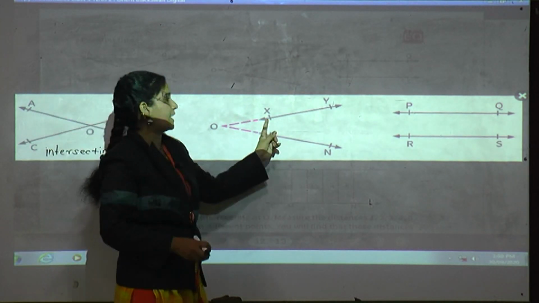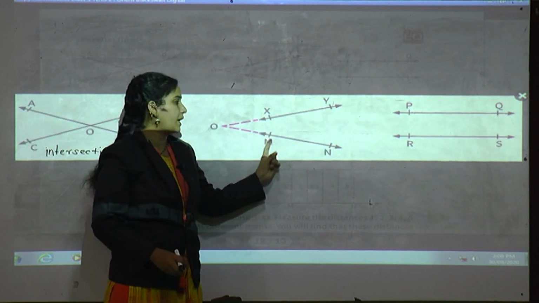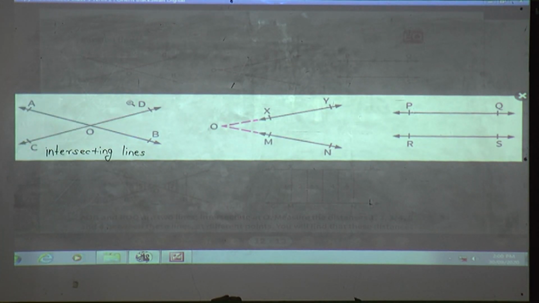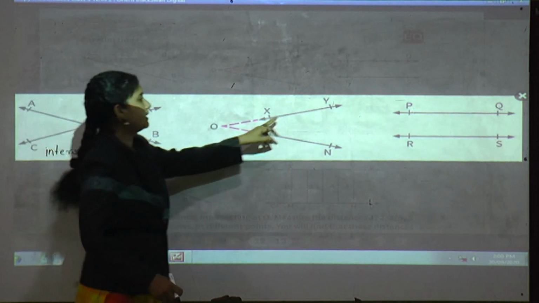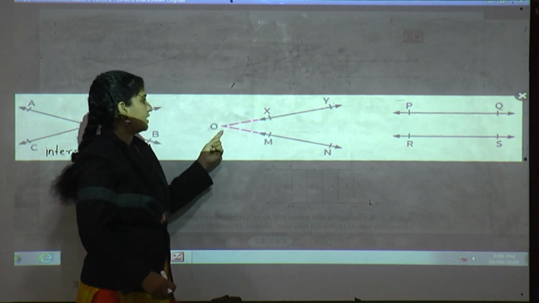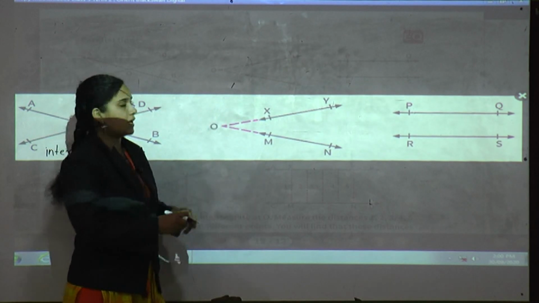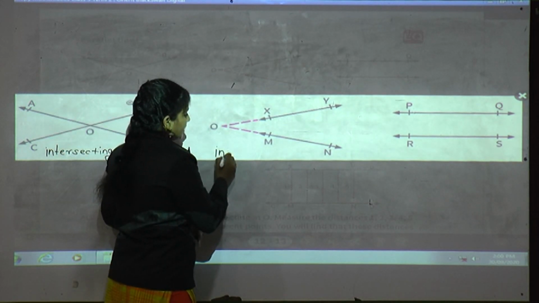Here also two lines, line XY and MN. When we extend these two lines, they meet each other at point O. So they are also intersecting lines.